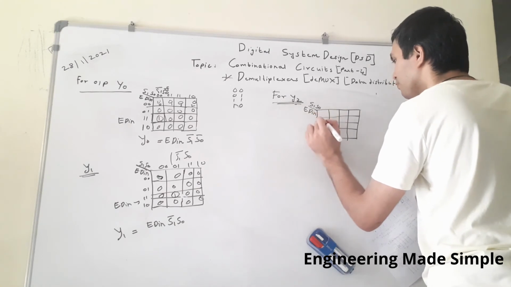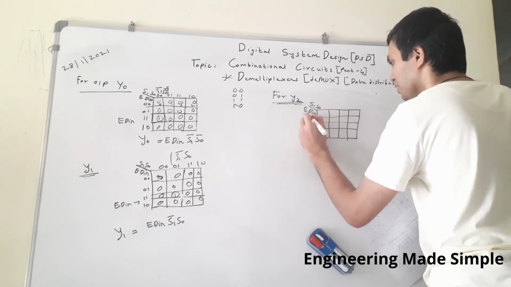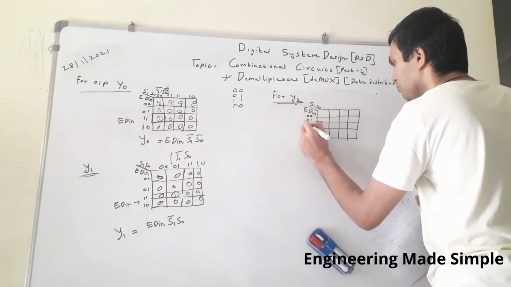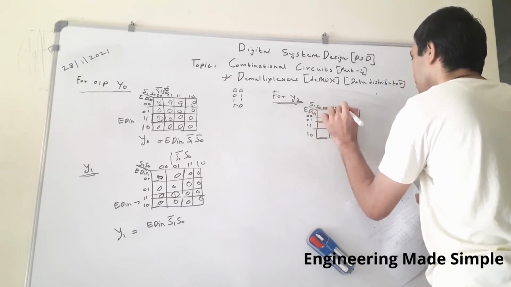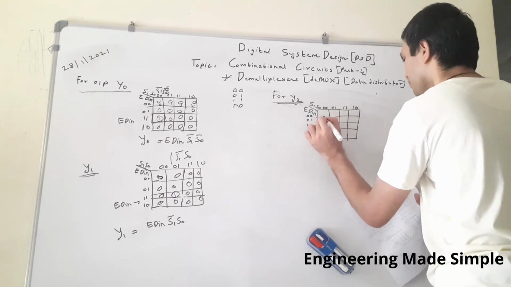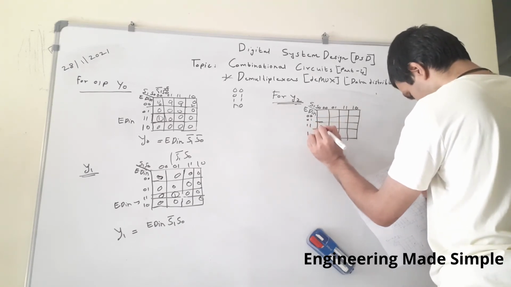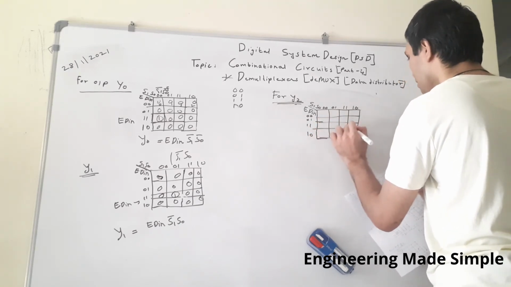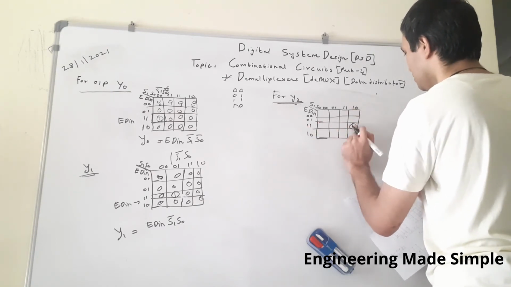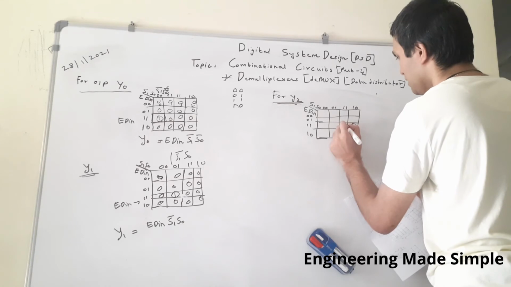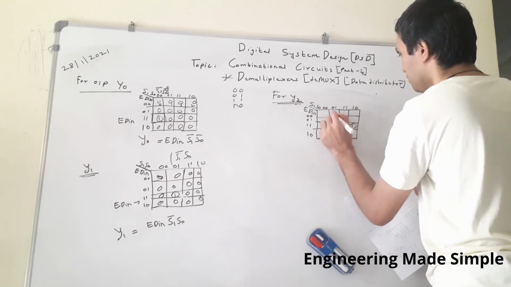Here you will also fill it with min terms. The labels are 00, 01, 11, 10. Now let us start filling. The min term is only located at 1 1 1 0 for this output, and the rest of the min terms are absent, so let us fill them with 0.